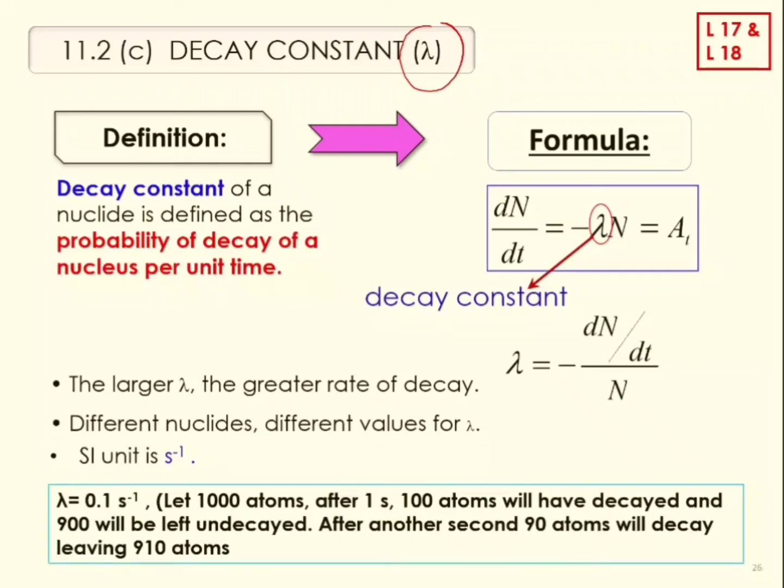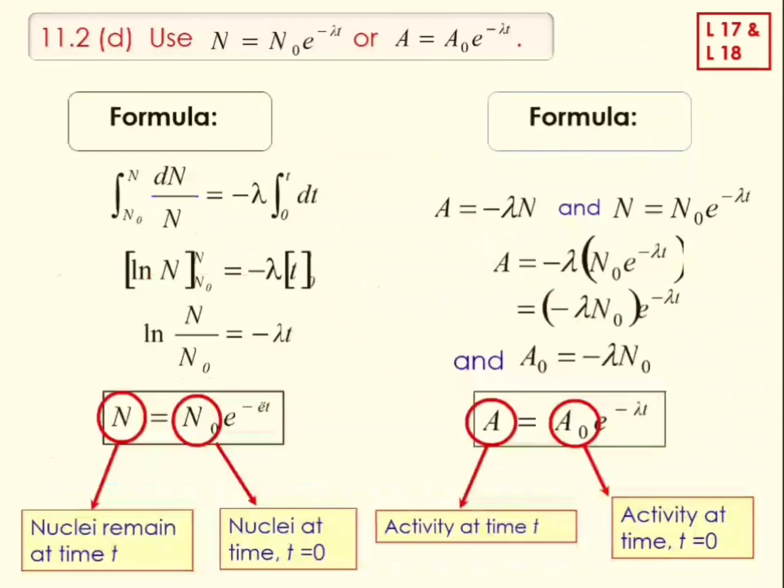Different nuclei have different values of decay constant, and the unit for the decay constant is per second. Next, how to use the formula for N. N is the number of nuclei, and N naught is the initial number of nuclei.